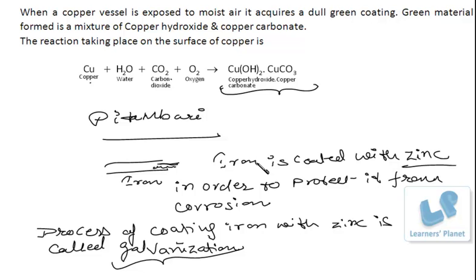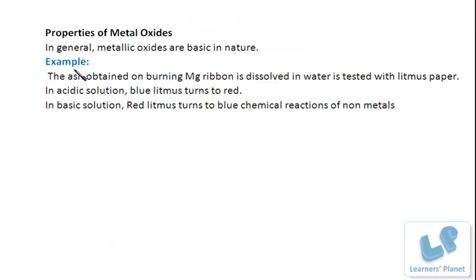So let's do the litmus test and find out the nature of these oxides of metals. How can we test whether metal oxides are basic or acidic? By dissolving these oxides in water and testing with litmus paper.